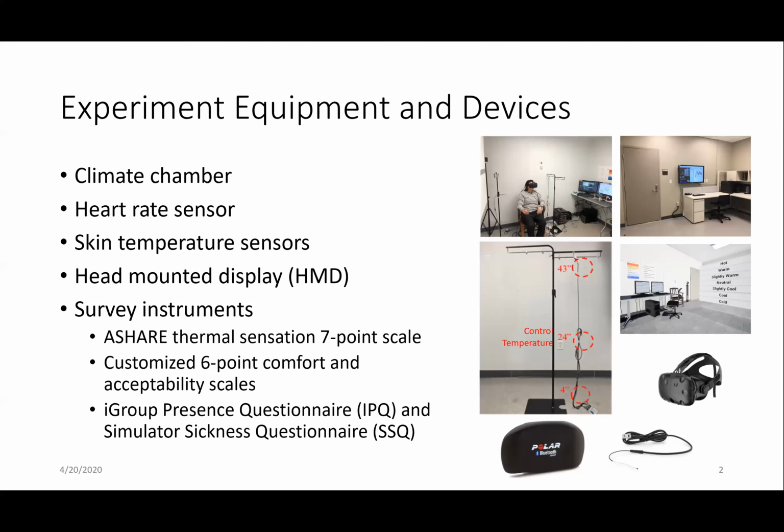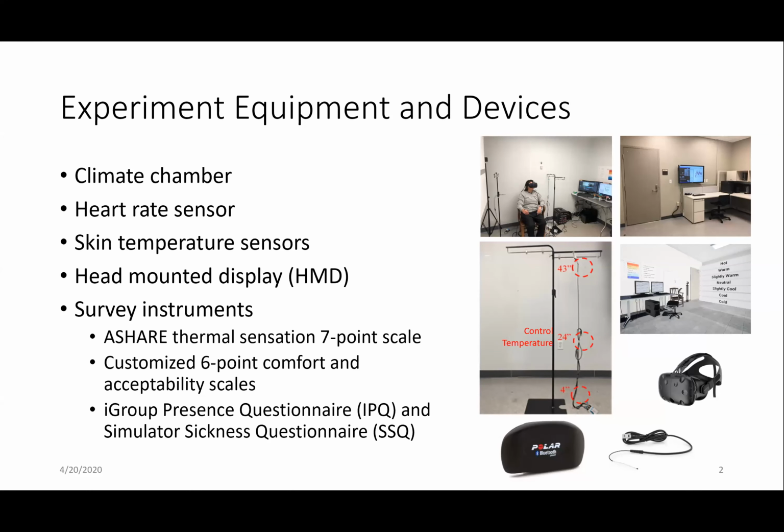So here are the equipment and devices that we use. The first is the climate chamber, which is basically an office space that we renovated with a very powerful HVAC system that can control the humidity and the temperature. Then, of course, we use a heart rate sensor and a skin temperature sensor, and so forth.